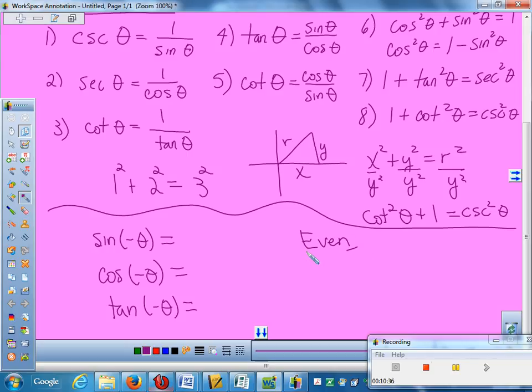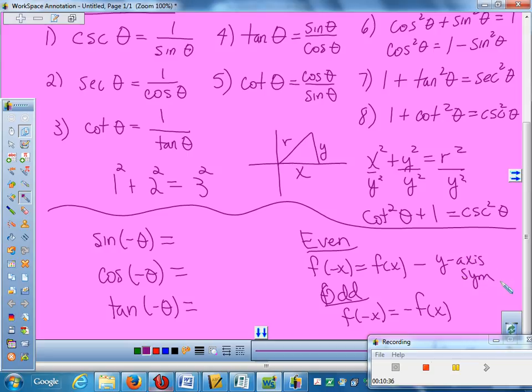An even function said if you put a negative x in the function, you got the original function back again. And odd functions said if you put a negative x in, you ended up with a negative of the original. Even functions were symmetric to the y-axis, that you may or may not remember. Anybody remember what odd functions were symmetric to? Origin. They both start with O.